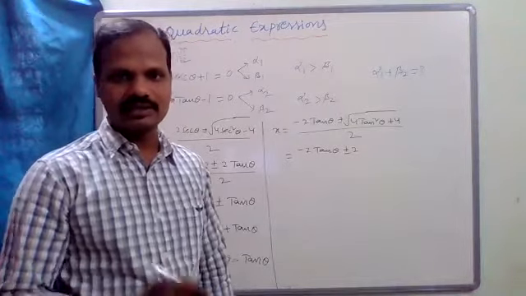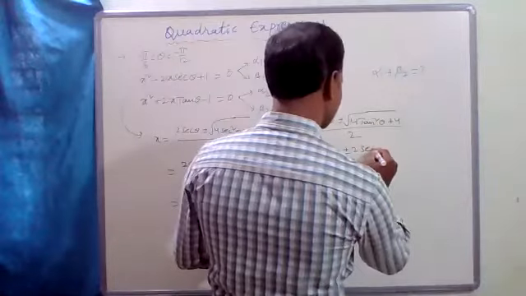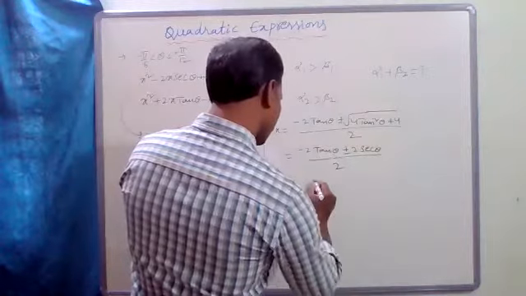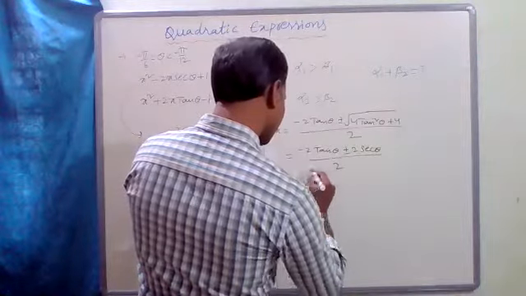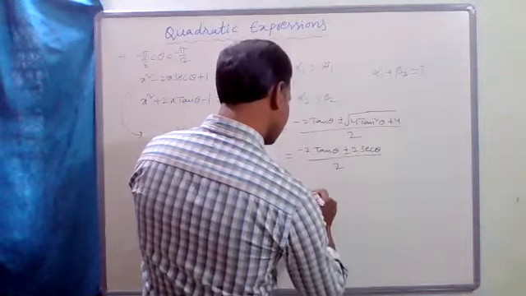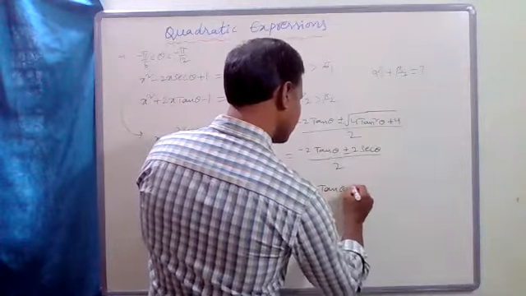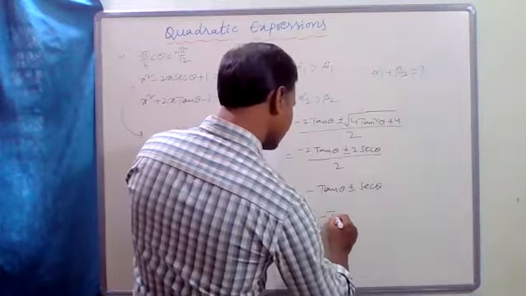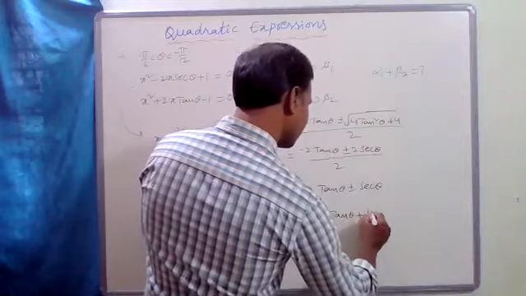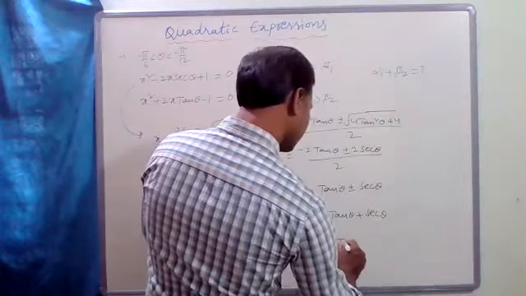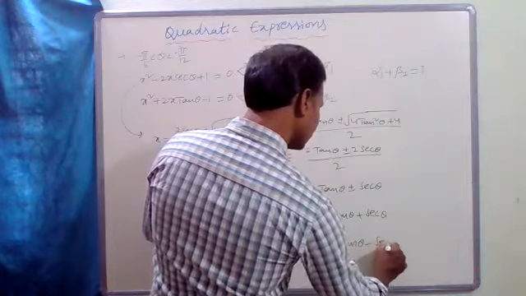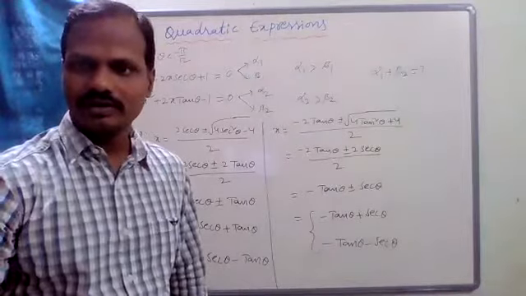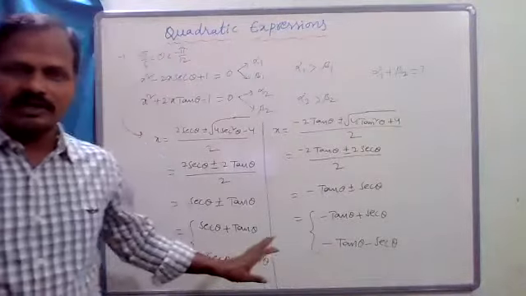So root secant square theta is secant theta, by 2. Now there are two roots: minus tan theta plus or minus secant theta. These two roots are minus tan theta plus secant theta and minus tan theta minus secant theta. Up to here, no problem. Everybody knows. Okay?